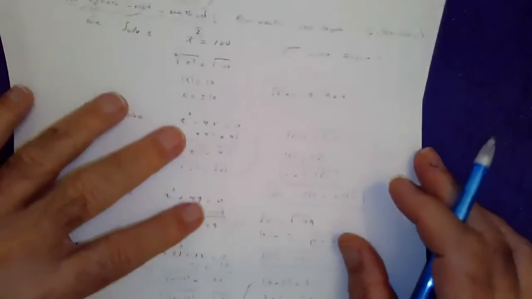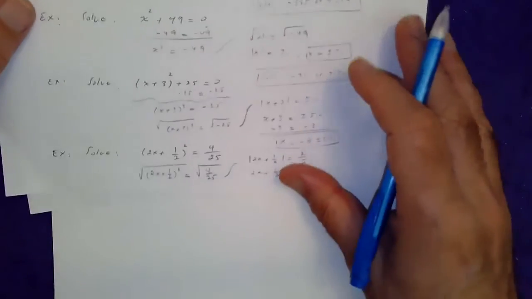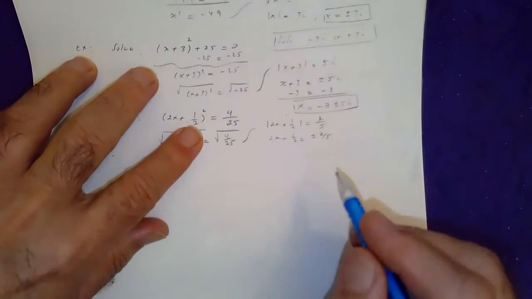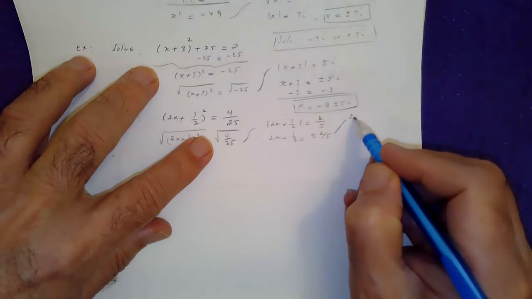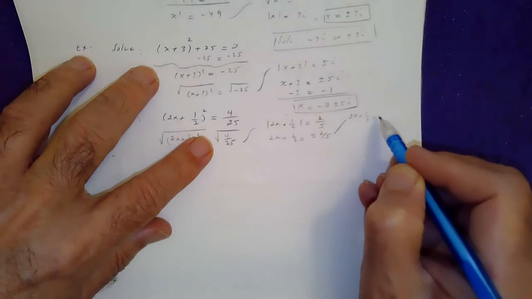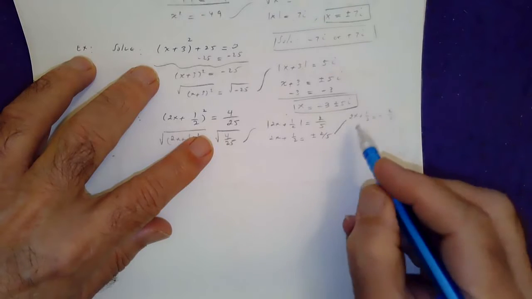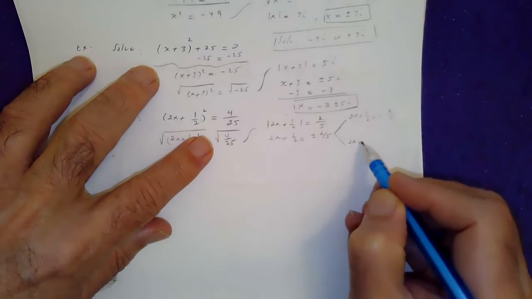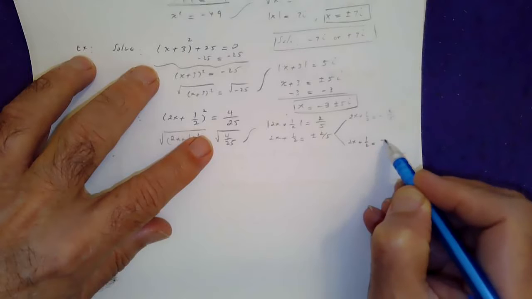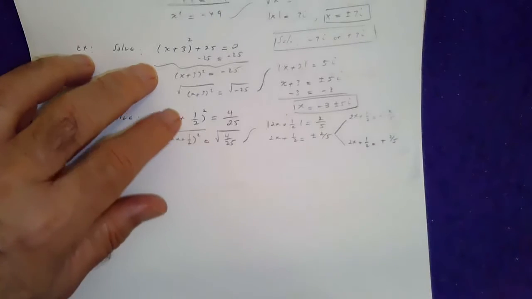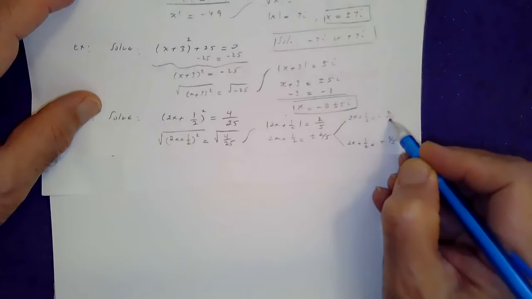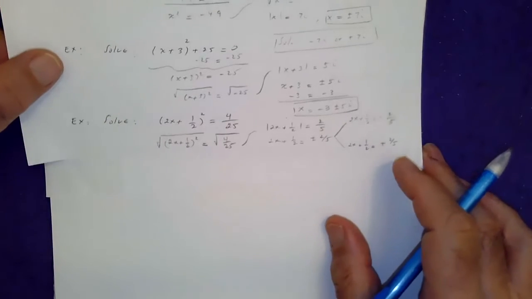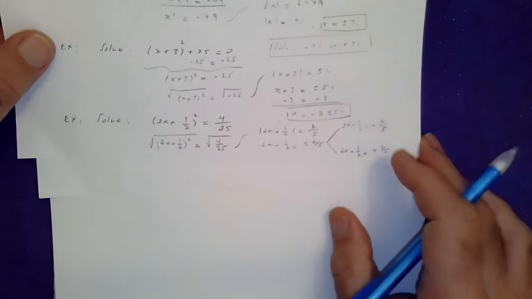This is like two equations in one. 2x plus 1/2 sometimes is equal to negative 2/5, and the same 2x plus 1/2 some other time is equal to positive 2 over 5. So you get two possible answers, correct?